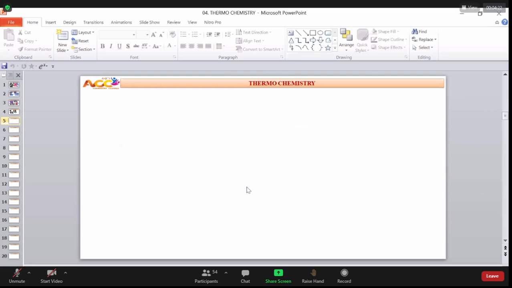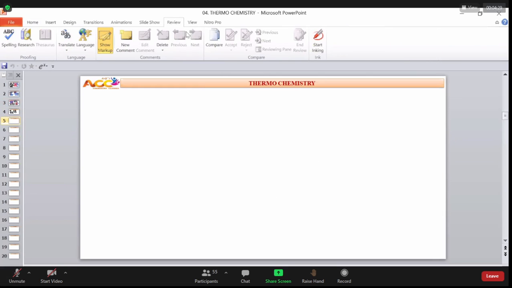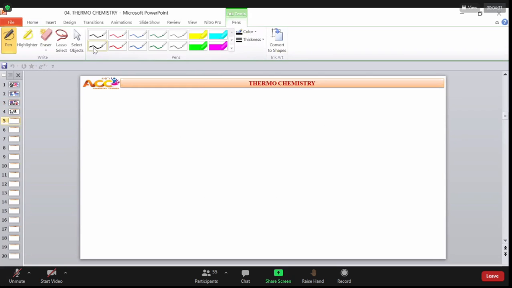Now, once we have finished these two things, let us try to find a relation between them. Today I am discussing the numerical approach in a conceptual way. Remember that enthalpy of reaction is equal to enthalpy of formation of products minus enthalpy of formation of reactants.